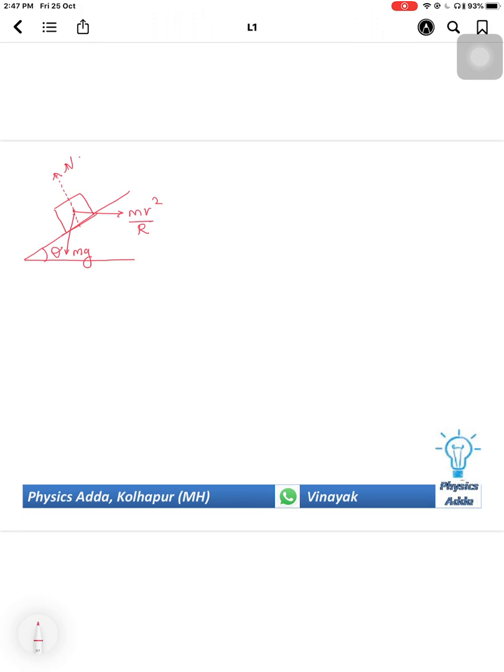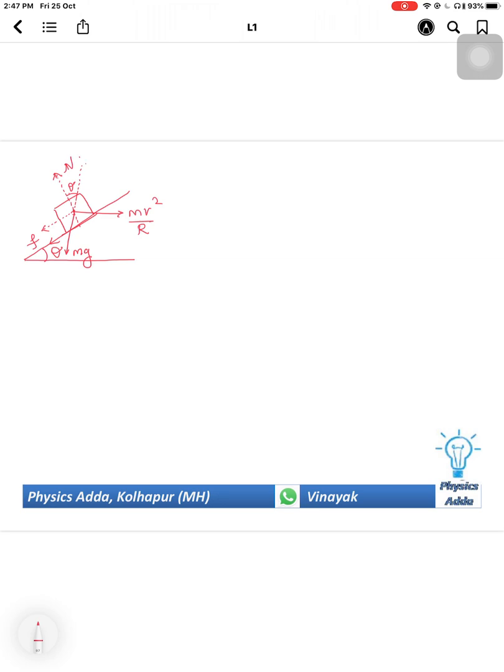It will have two components. The first component will be what? And the other force is F, friction. So it will be like this. If you can see the figure, if this angle is theta, what will be this angle?